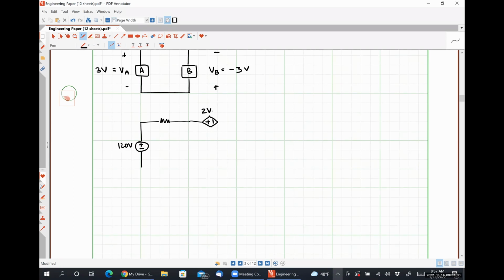Here I have a 2Vx dependent source. I'm sorry, let me define my resistance here, 30 ohms. And let's make this guy a 15 ohm resistor, where the voltage VA is defined as such.